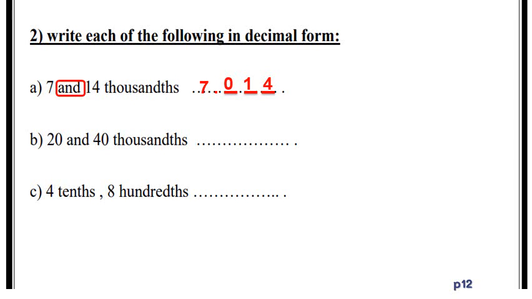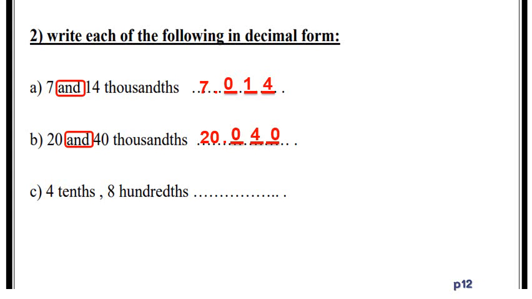In letter B, 20 and 40 thousandths. So here 20 is the whole part. So let's write 20, and "and" means decimal point. So put the decimal point. 40 thousandths means we have 3 decimal places. Let's write 40, and the empty place will be 0, which is the tenths place. In letter C, we have 4 tenths, 8 hundredths.